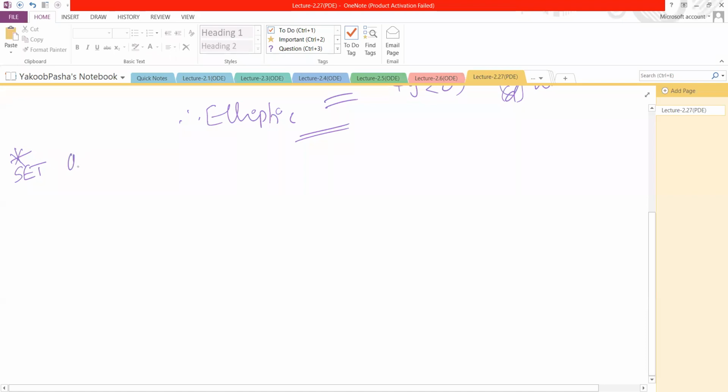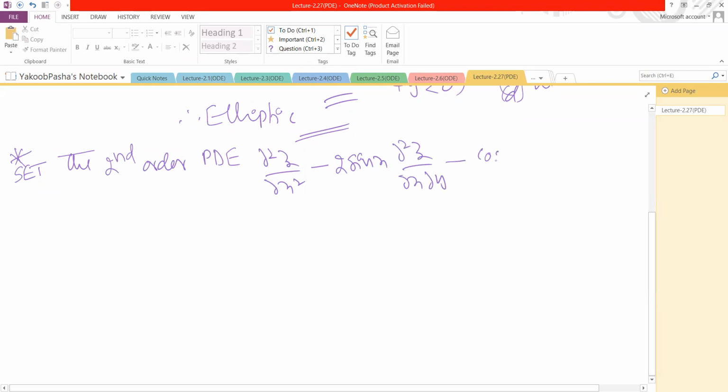The second order PDE, partial differential equation: del square z by del x square minus 2 sin x del square z by del x del y minus cos square x del square z by del y square minus cos x del z by del y is equal to 0. I am writing here simply.